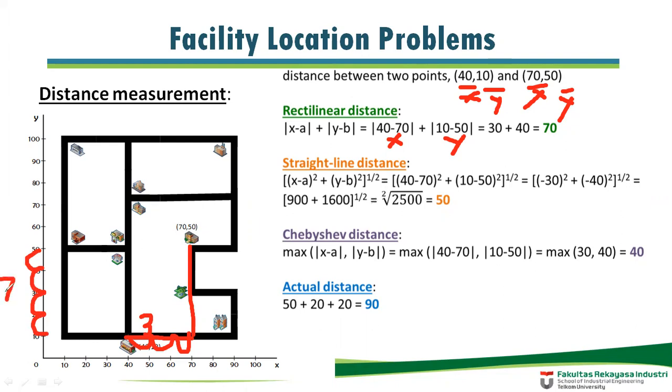So we have 7 steps, or 70. So if we use the rectilinear distance, we might find right angles. It's just like a very rigid, very English, grid. We might find so many angles in every aisle that we go through.